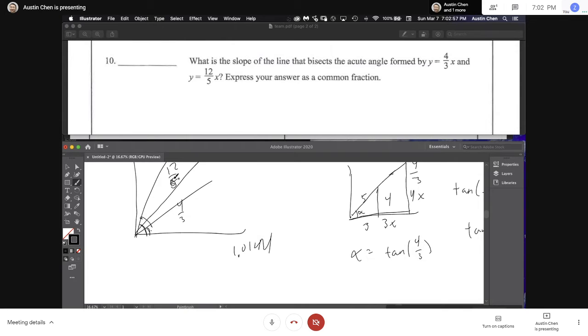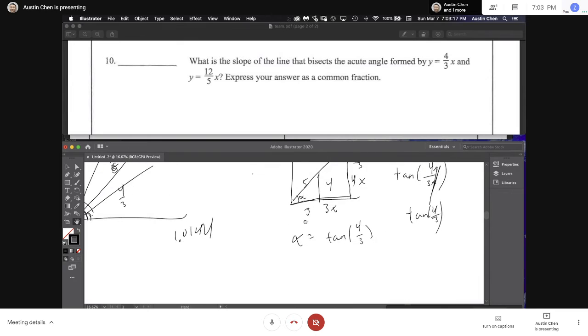No, no. It should be arctangent 4/3 plus arctangent 12/5, over 2. Yeah, I messed this up really badly.